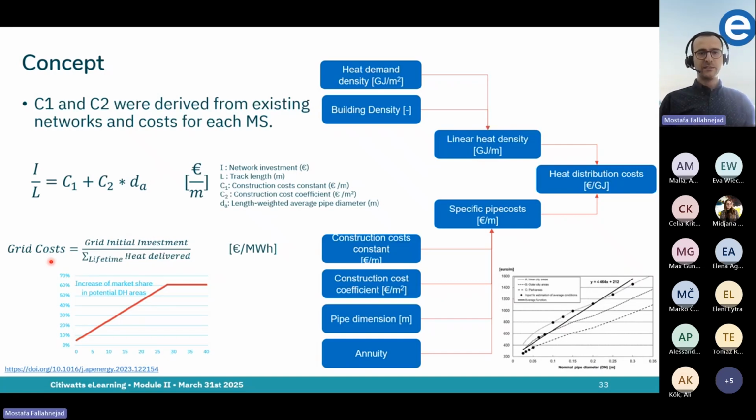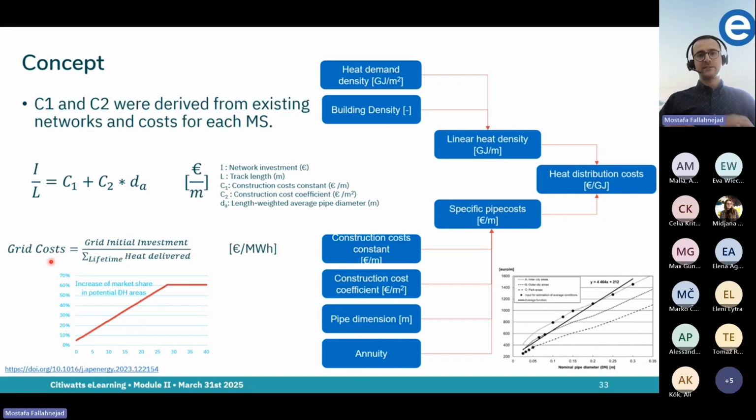The assumption is that if I have, for example, an expansion of the grid, let's say from 15% to 70% over a period of 30 years, all pixels inside the map should follow the same evolution.